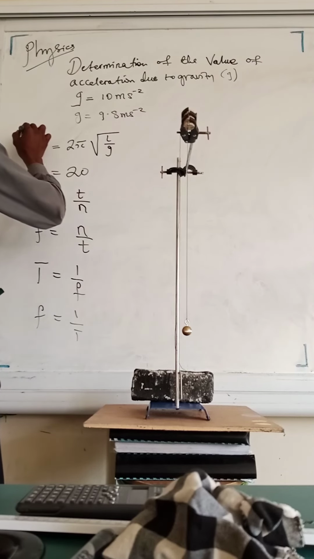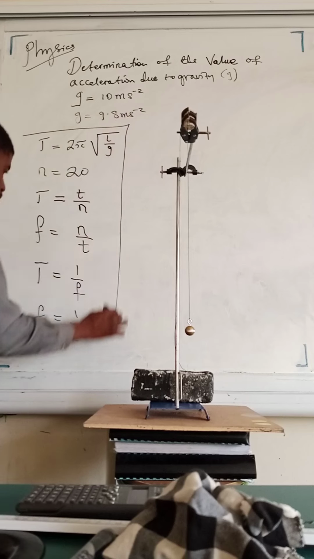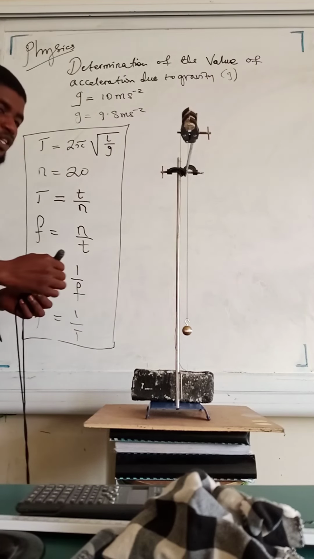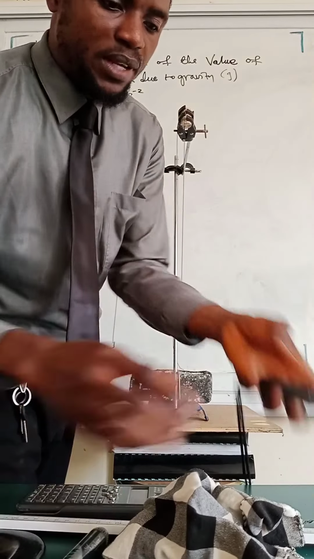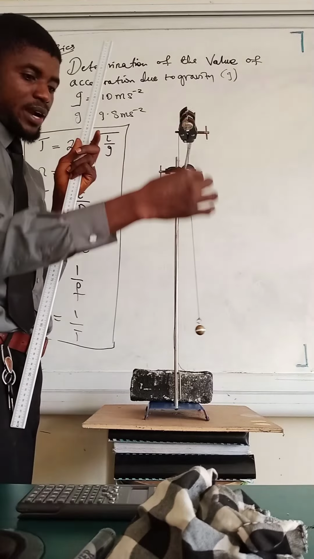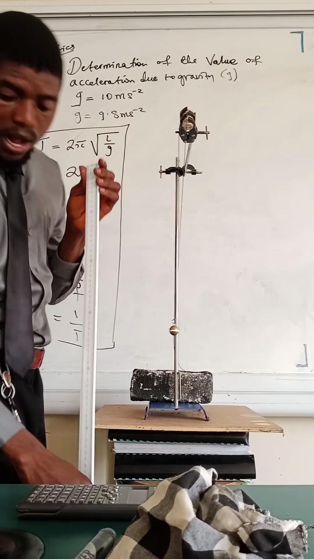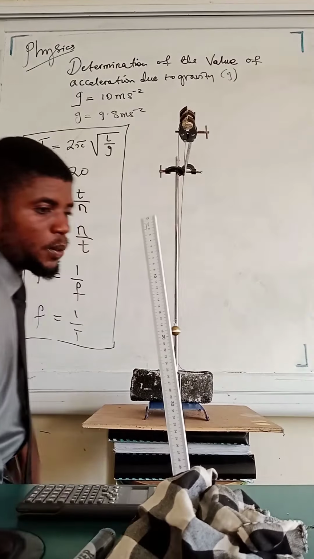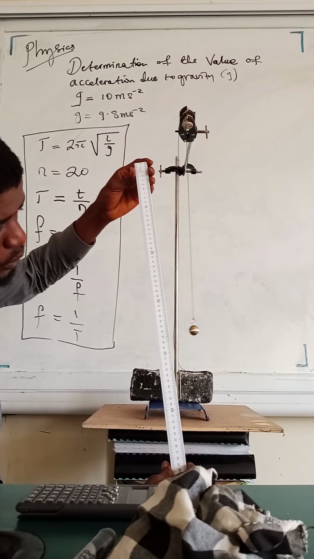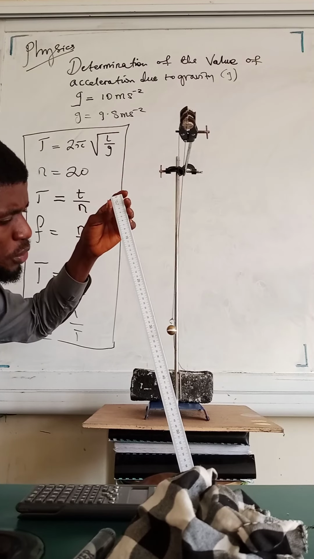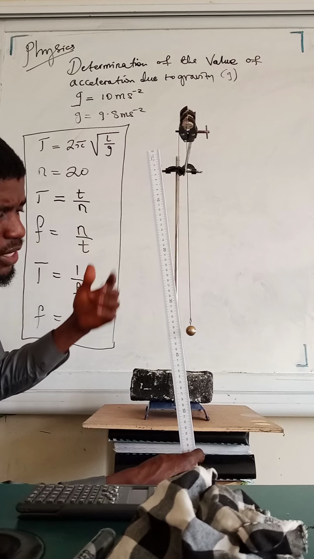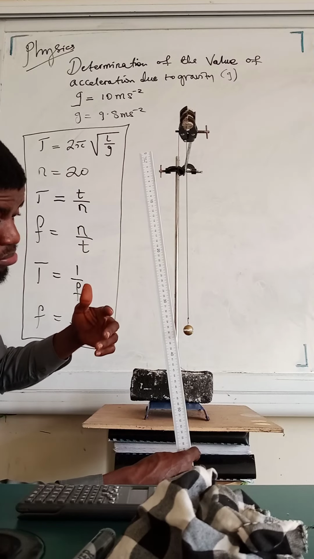So for the time being, we are going to measure the length of the thread. So let's begin. This is the thread and the bulb. So our measurement, we start from the 0 reading of the meter rule down to where we stop. So we're going to choose any value of the length we want. We may go with 50, 60, 70.